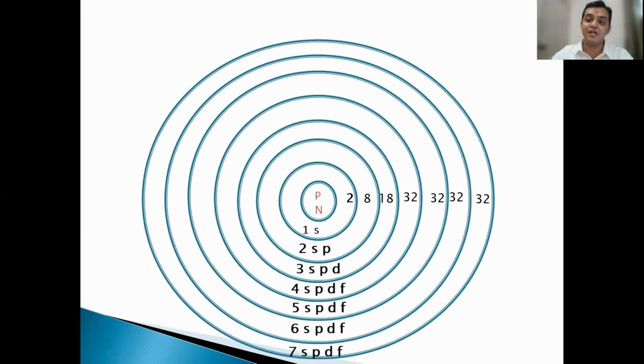Just imagine if I tell you, tell me the energy of the third floor of your building. What will you do? You will see how many houses are there on the third floor. Like in this third shell, there are 3 subshells, 3 houses: S house, P house and D house. In the same way, in my building's third floor, there are 3 houses. So you will calculate the floor's energy, the shell's energy, and also the individual houses' energy.